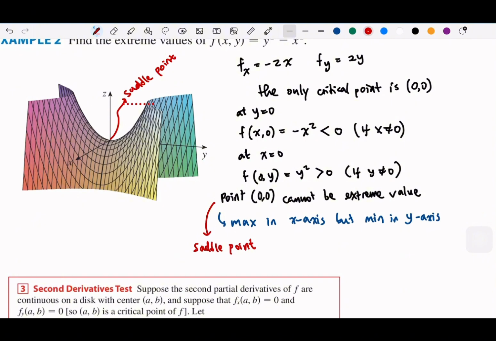To determine whether a point is a minimum, maximum, or even a saddle point, it's better to use a different test, which we call the second derivative test.